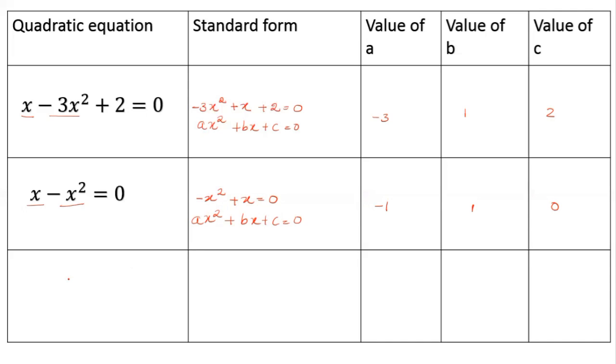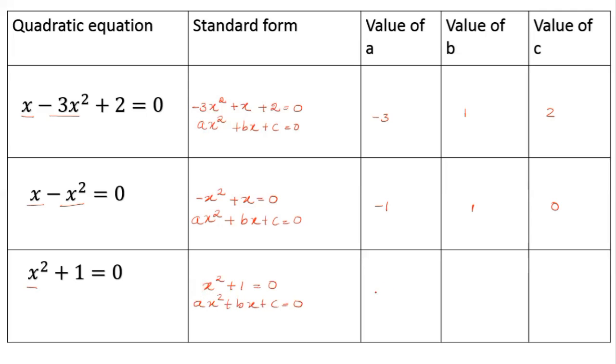Now take another equation. x square plus 1 is equal to 0. It is already in the standard form: the term with degree 2, then the constant term. Compare with the general form, ax square plus bx plus c is equal to 0. The value of a is 1, the coefficient of x square.